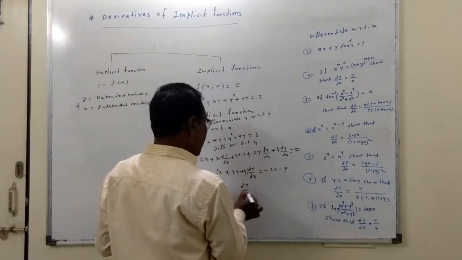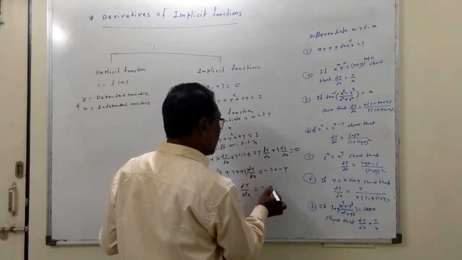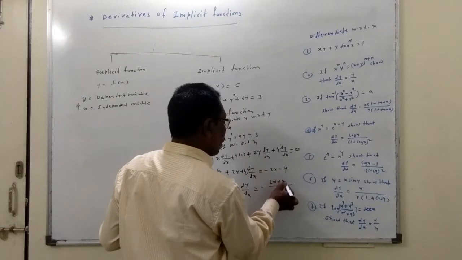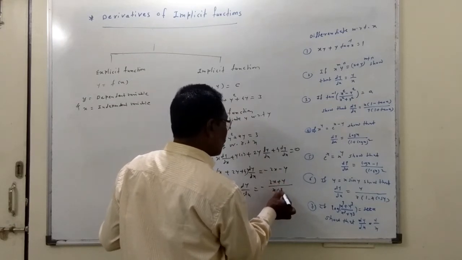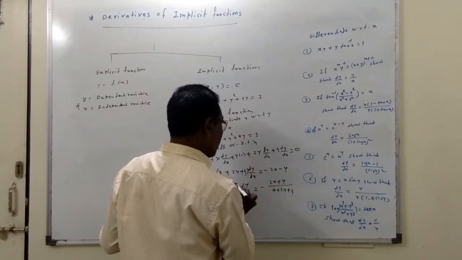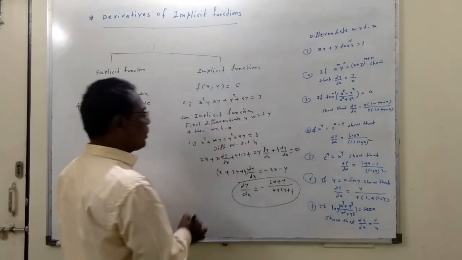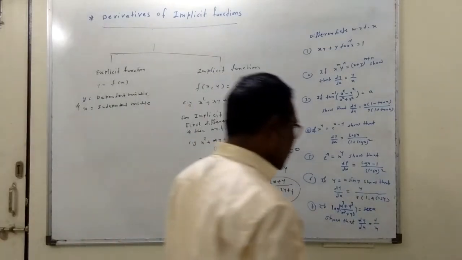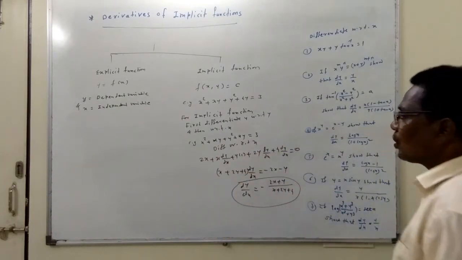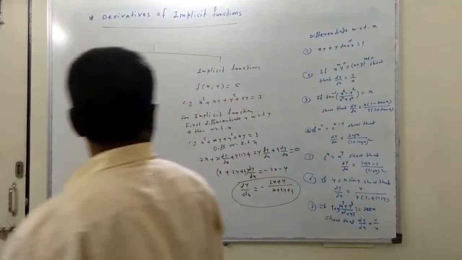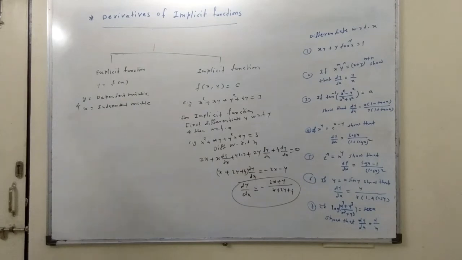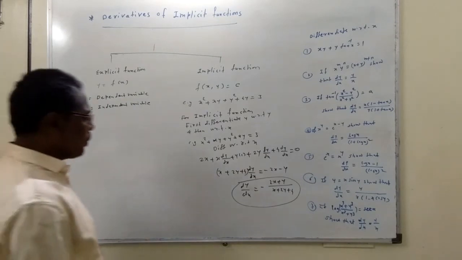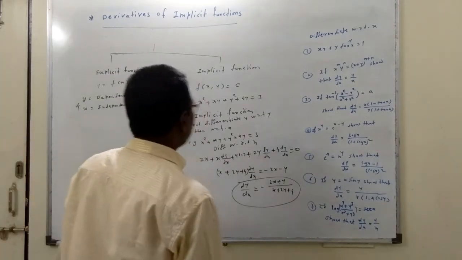So dy by dx is equal to minus, taking the minus sign outside, 2x plus y divided by x plus 2y plus 4. So this is the way to find the derivatives of this implicit function. Now to understand this concept, we will take some more examples.